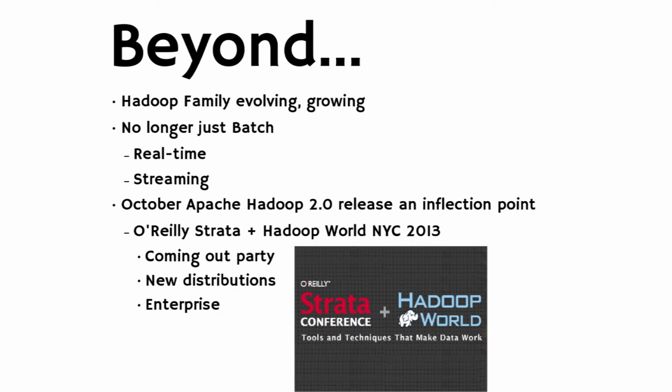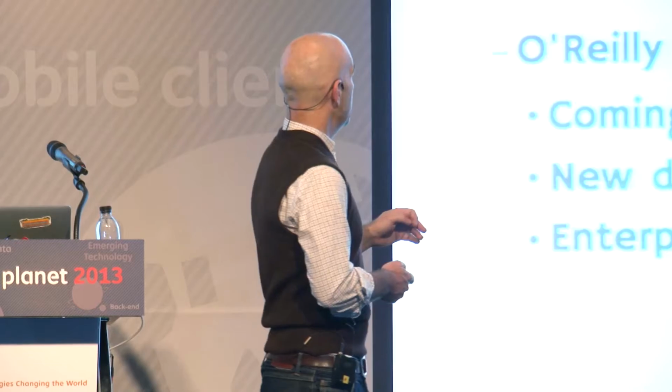Before I finish, just a few words on beyond HBase, on the Hadoop ecosystem. We'll graduate from the HBase ecosystem up to the Hadoop ecosystem. So the Hadoop family itself is evolving. It was always about batch. But what we're seeing now is that it's evolving towards more real-time and streaming kinds of applications.